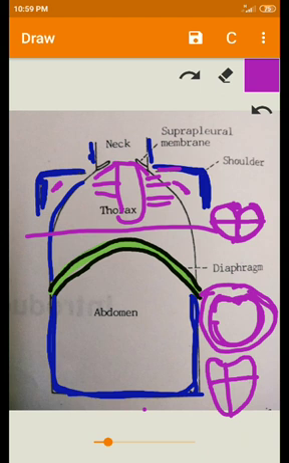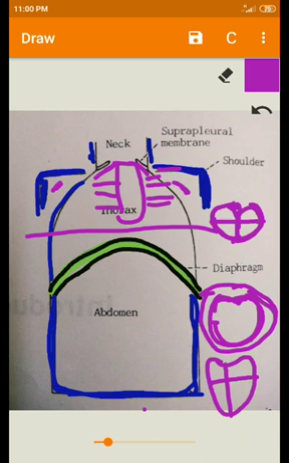We are going to see the action of the diaphragm in detail in the respiratory movements. Then you can understand why it is called abdominal breathing and why it is called thoracic type of breathing. In infants, just remember that it is purely abdominal.